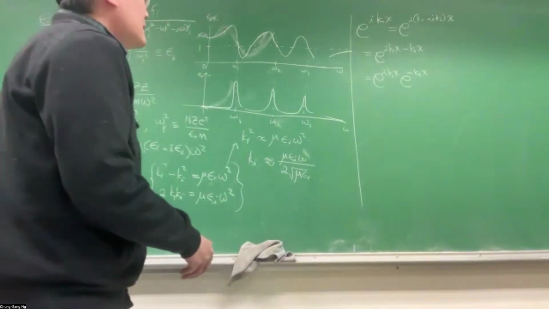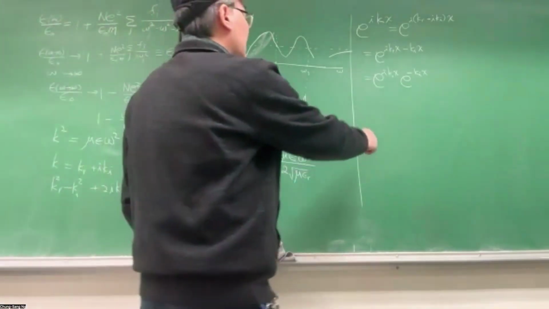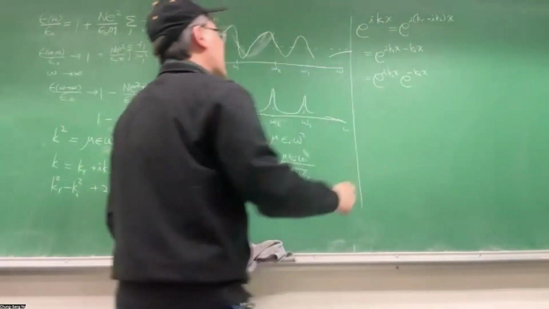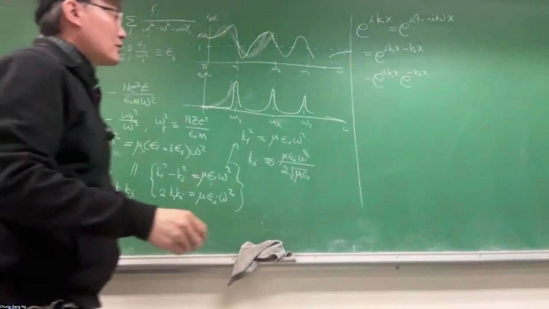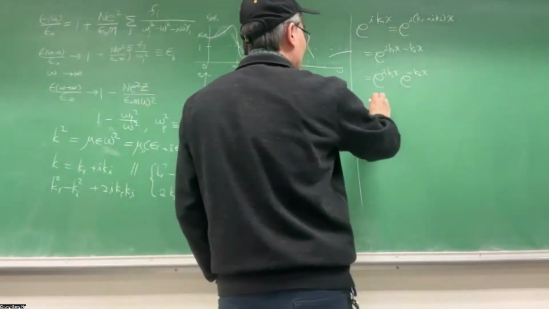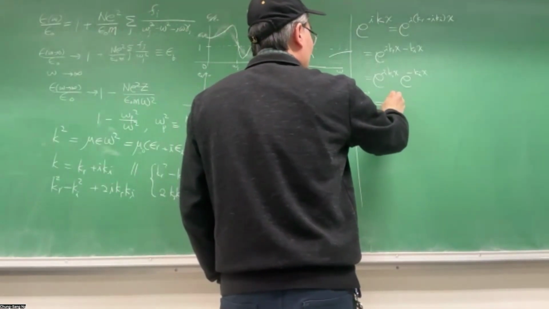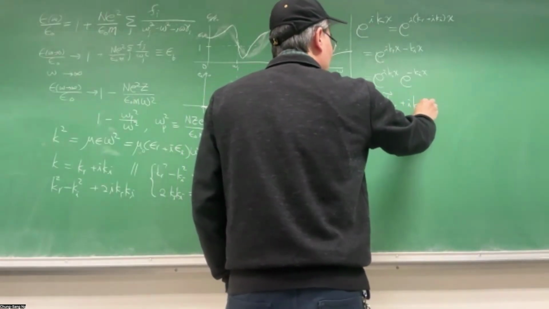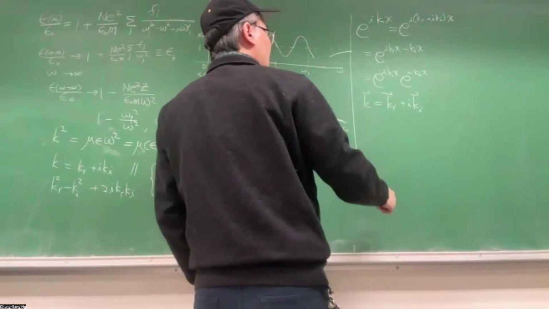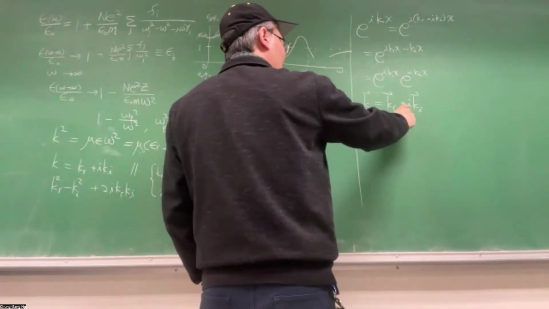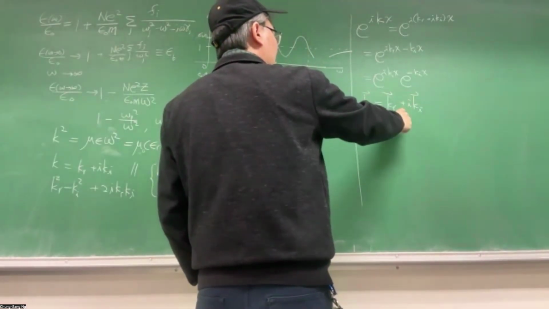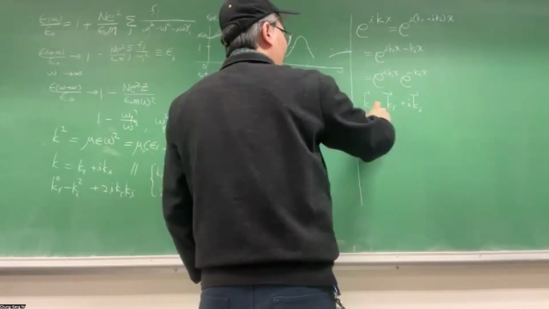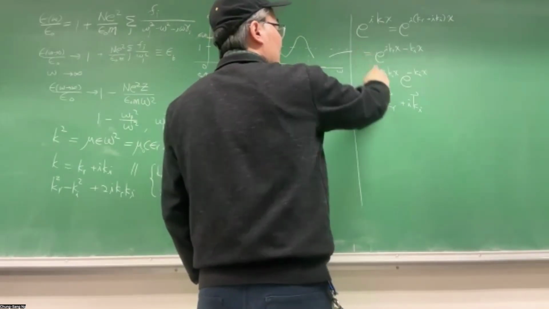And the final remark is that in the total internal reflection, we actually considered another situation where k is the vector k_R plus i times the vector k_I. We worked out what this means, and it is different from this case.